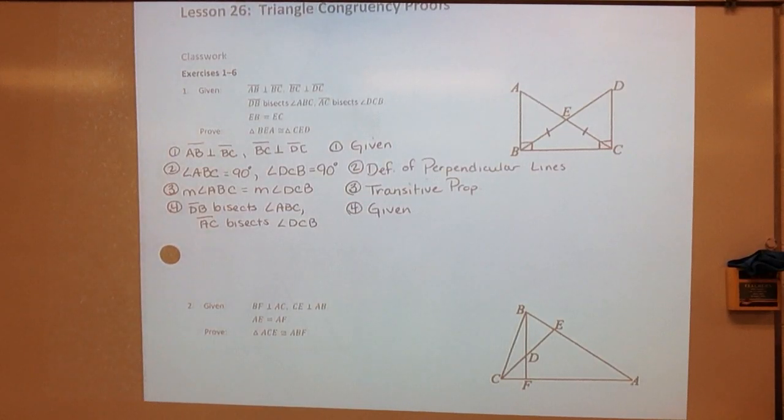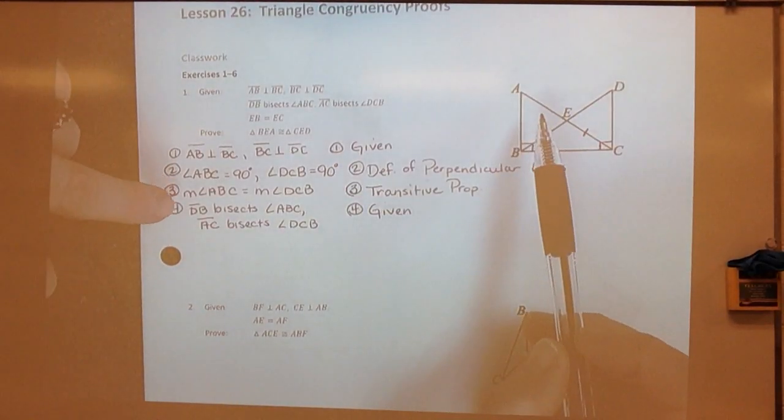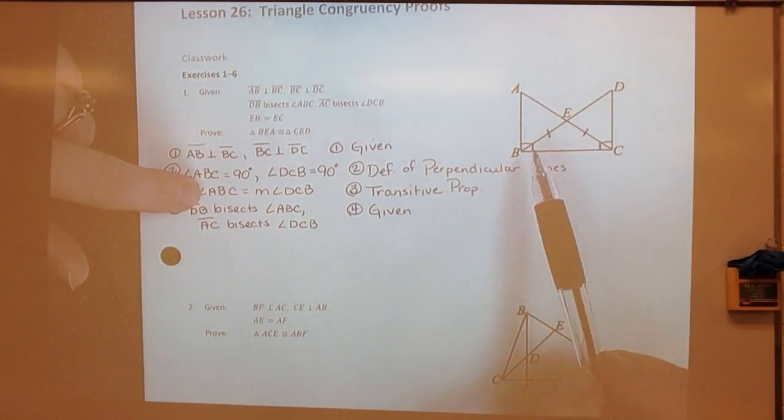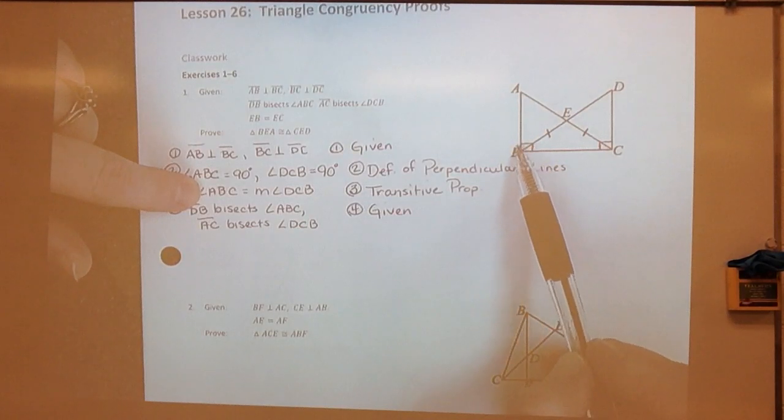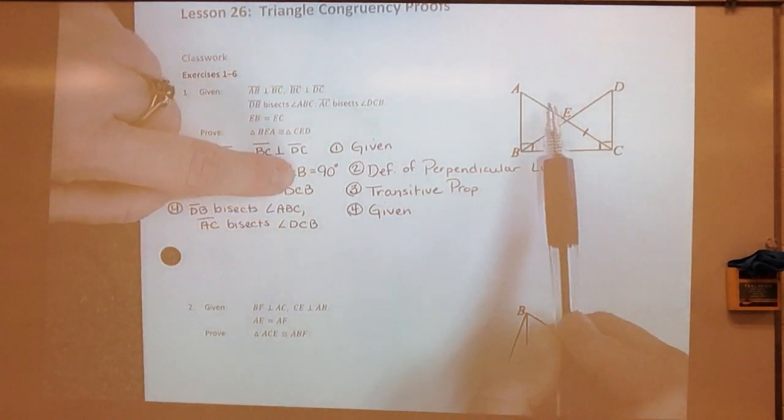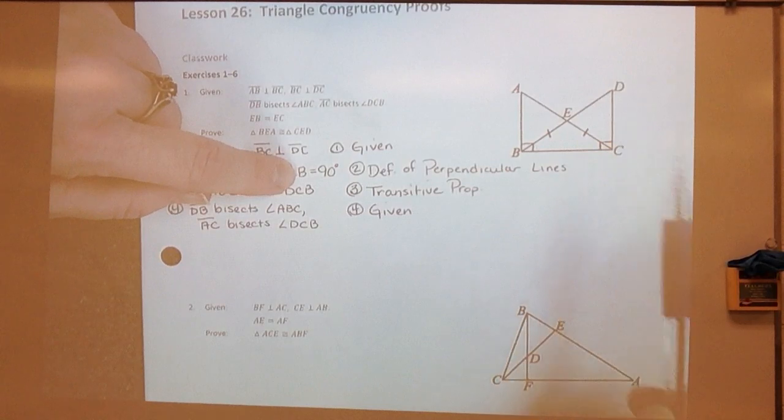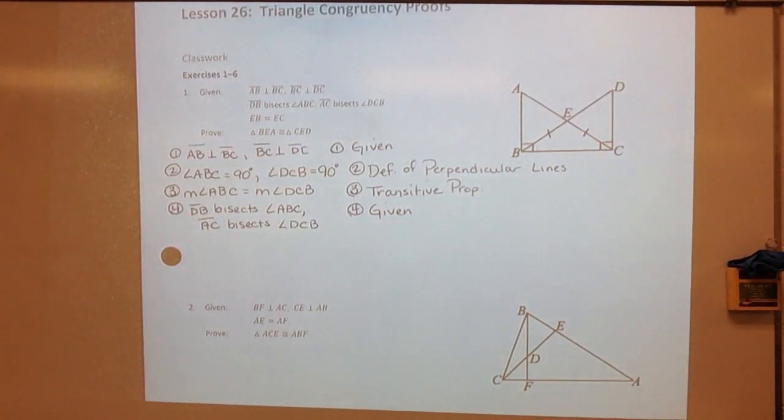Now, what do we know about bisectors? Bisectors mean that they divide something into two equal parts. So if DB is a bisector of this angle, and if AC is a bisector of this angle, we know that each angle is divided into two equal parts.